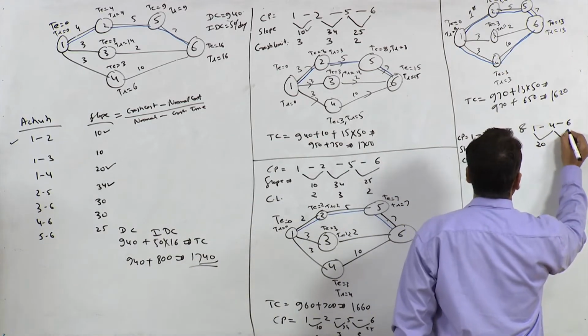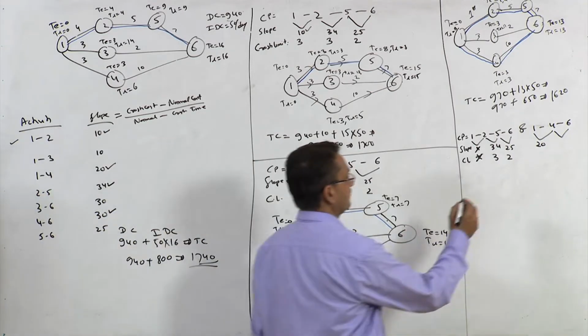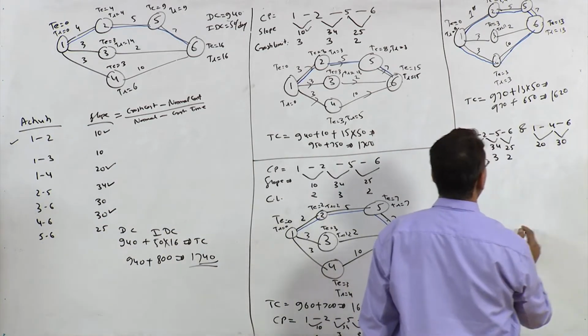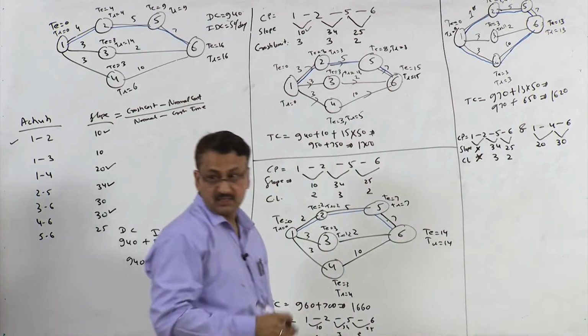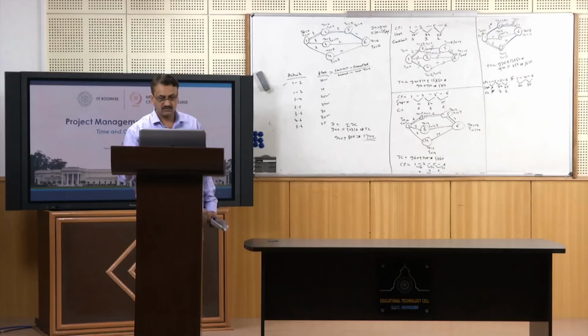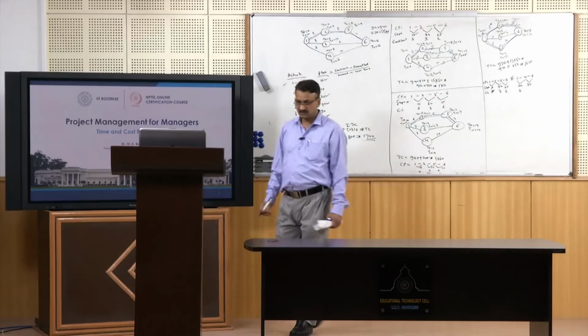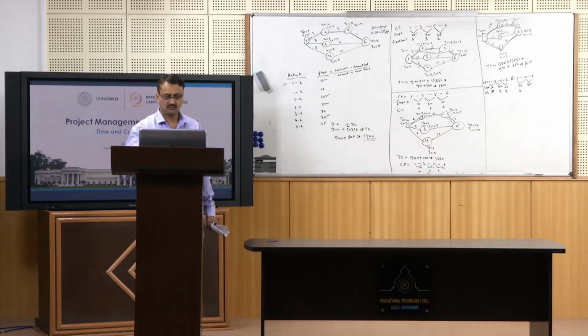For activity 4.6, what is the value of slope? It is 30, right? Crash limit for activity 1.4 can be found out from here, right? So this is 3 minus 1, so 2 is the crash limit for activity 1.4. For 4.6, what is the crash limit? For 4.6 it is 10 minus 9, that is 1.